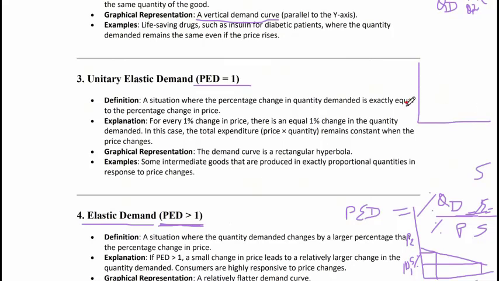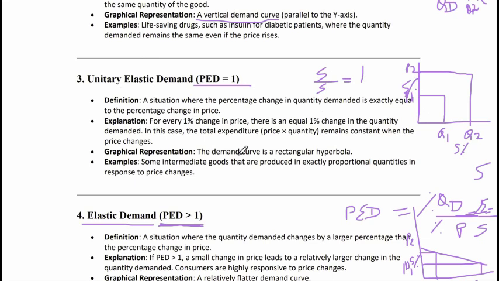It states that if the price goes from P1 to P2, and the quantity moves from Q1 to Q2, as the price goes up, the quantity demanded also changes by the same proportion. So let us say if the quantity has changed by 5%, the price has also changed by 5%. So of course the PED will be 5 upon 5, which is equal to 1. So this is known as unitary elastic demand.